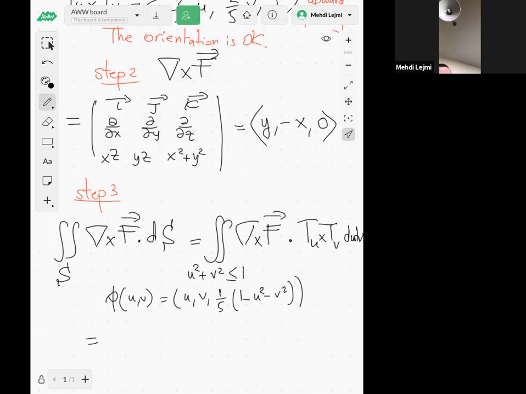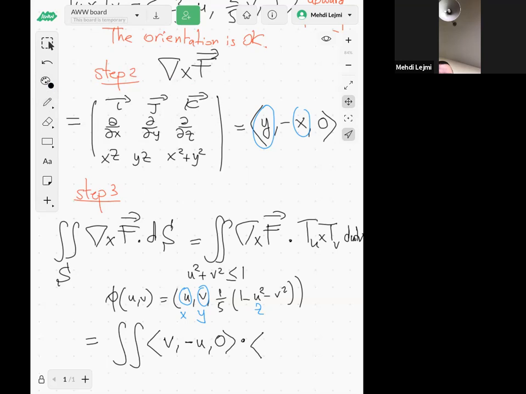So my curl of F along S: y must equal v, x must equal u. Curl of F would be just y, which is v, minus x, which is minus u. The third component is 0.